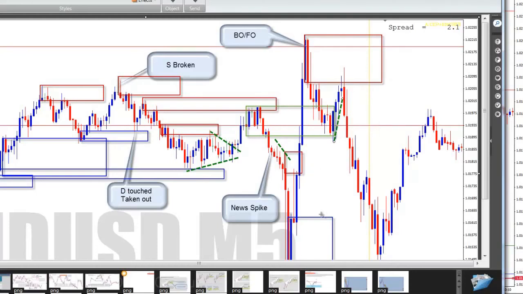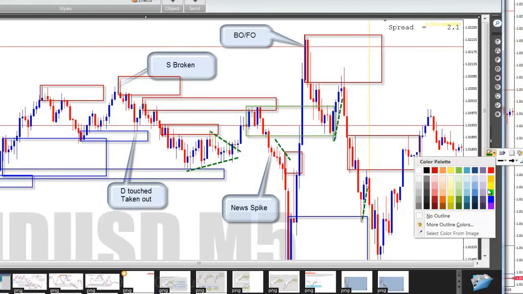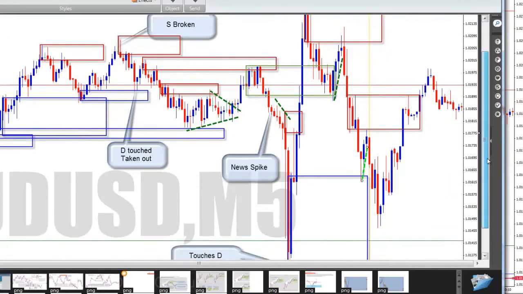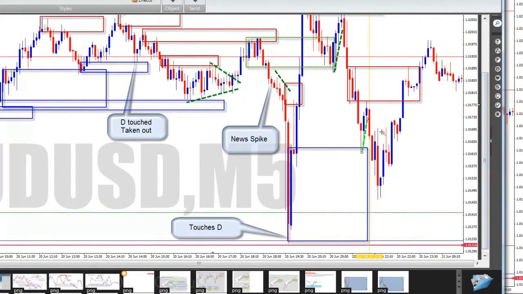It hits this demand again, up into supply, it's compressed up into supply, so it lets price come back down into demand again, and that's basically the end of our session.